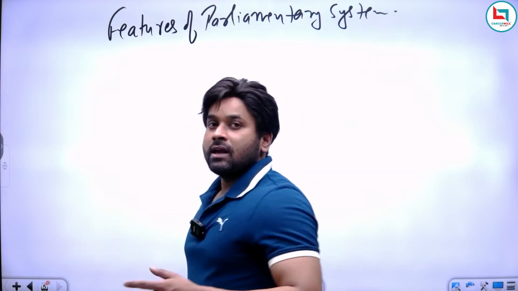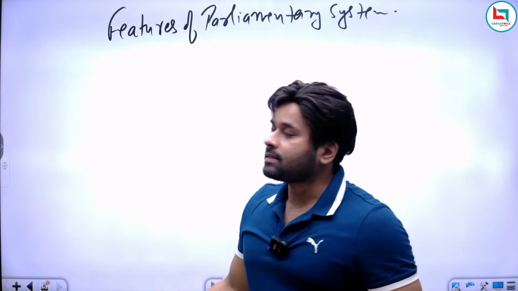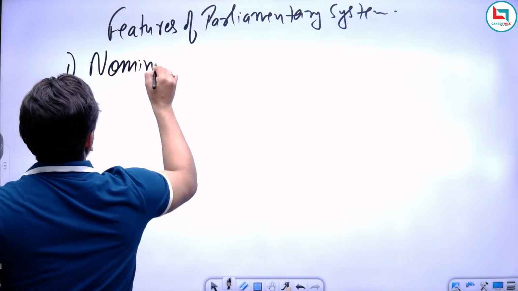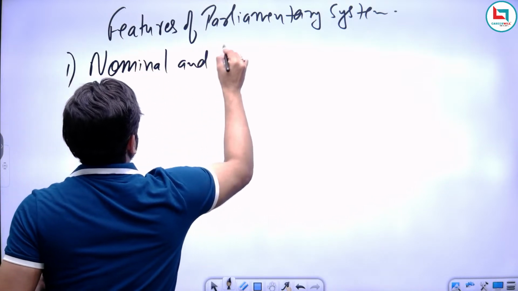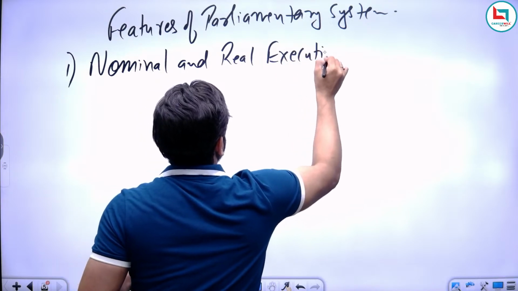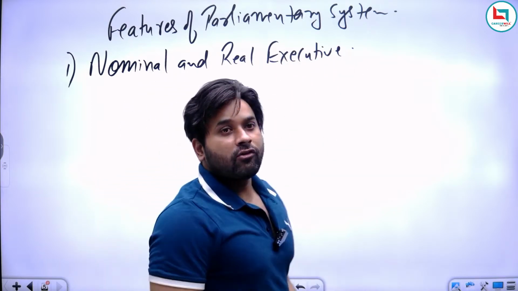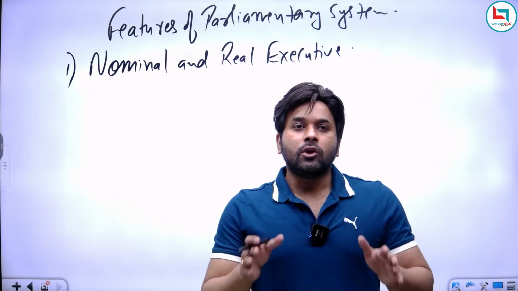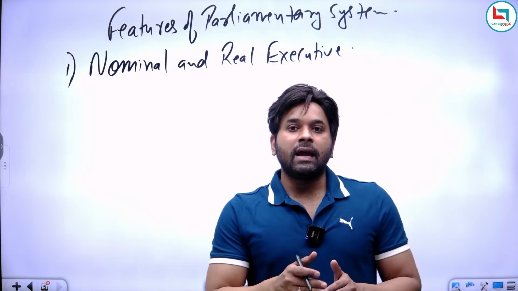So what are the features? The first feature of the parliamentary system is the presence of nominal and real executive. Wherever you find a parliamentary system, you will find this feature, nominal and real executive.